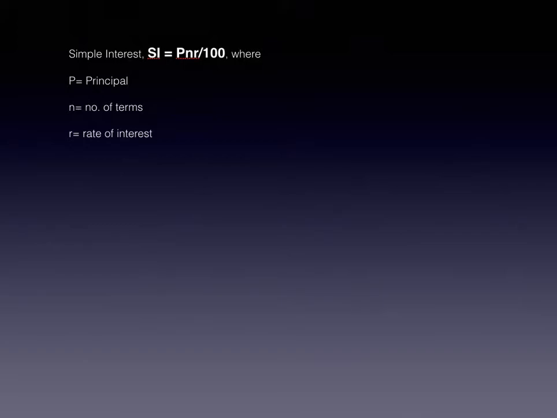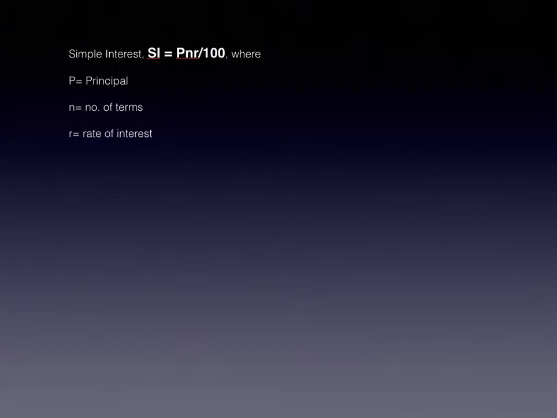Then simple interest SI for the whole 2 years is calculated as PNR by 100. That is 1000 into 2 into 12 by 100, which gives us 240.